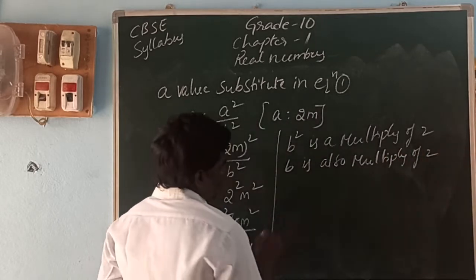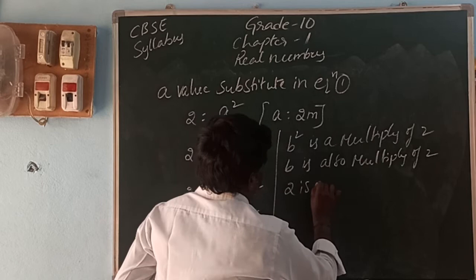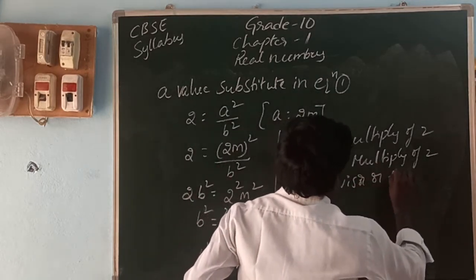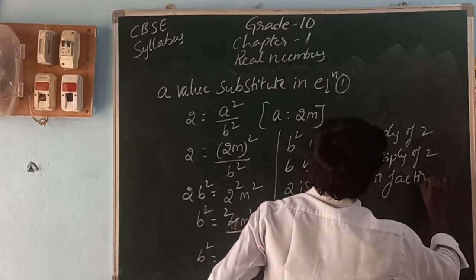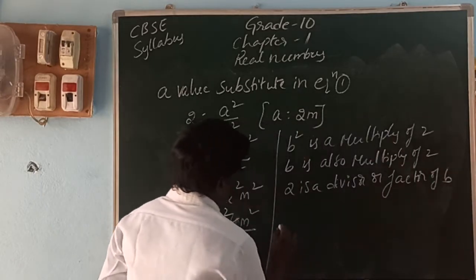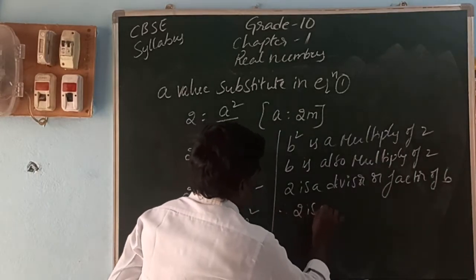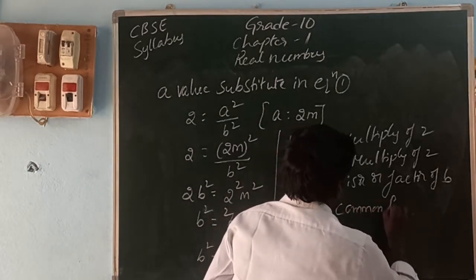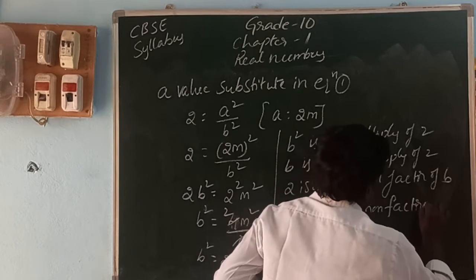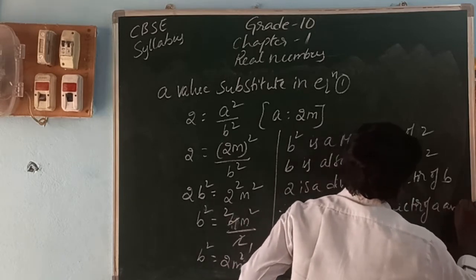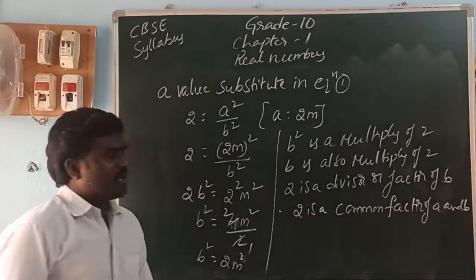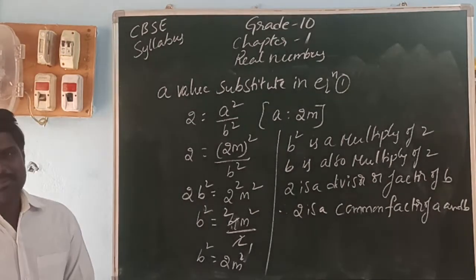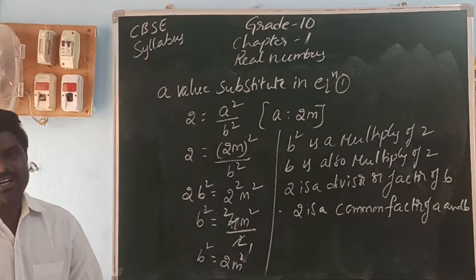So that is, 2 is a divisor or factor of b. Therefore 2 is a common factor of a and b. So here we took root 2 is a rational number, b is not equal to 0, a and b are co-primes.